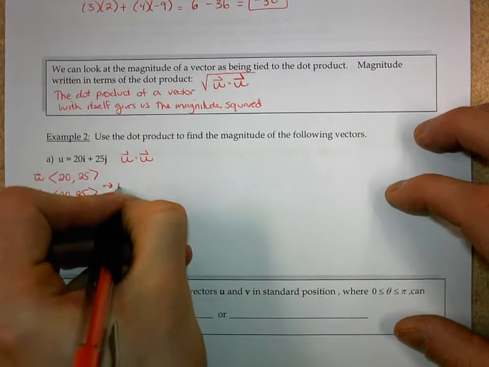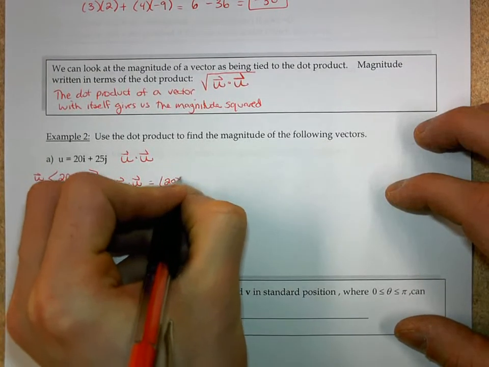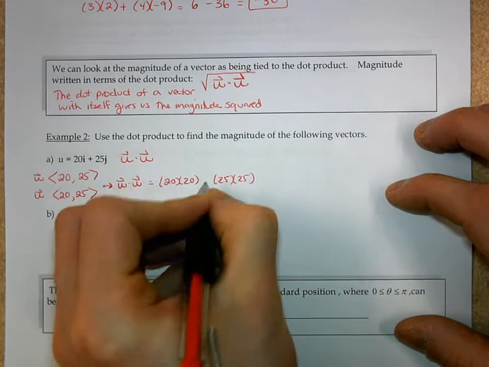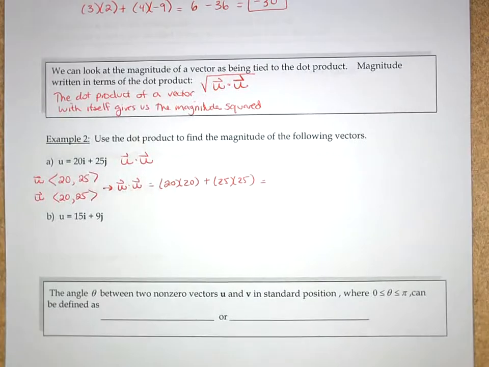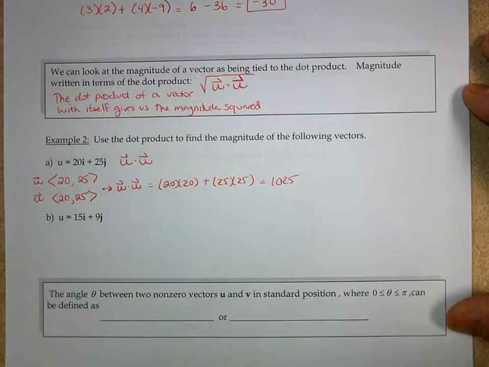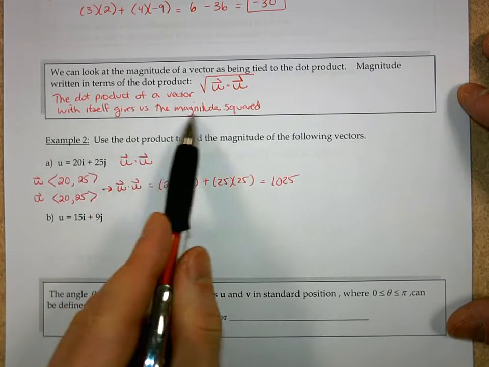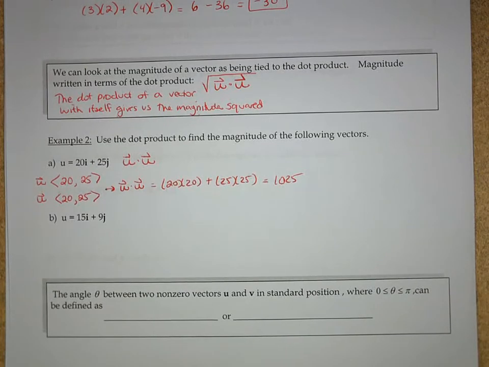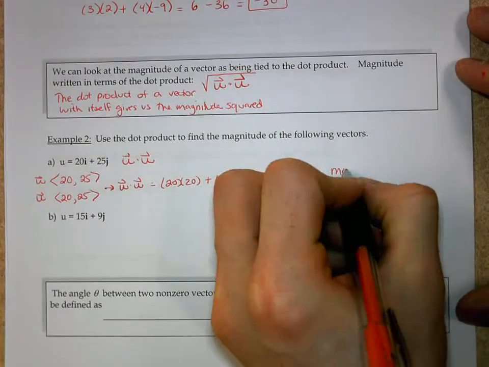So u dot u would be the x components multiplied, the y components multiplied, and then adding them together. You can see in this case, I get 1025. So the dot product of the vector with itself gives us the magnitude squared. In order to find the magnitude, we take the square root.